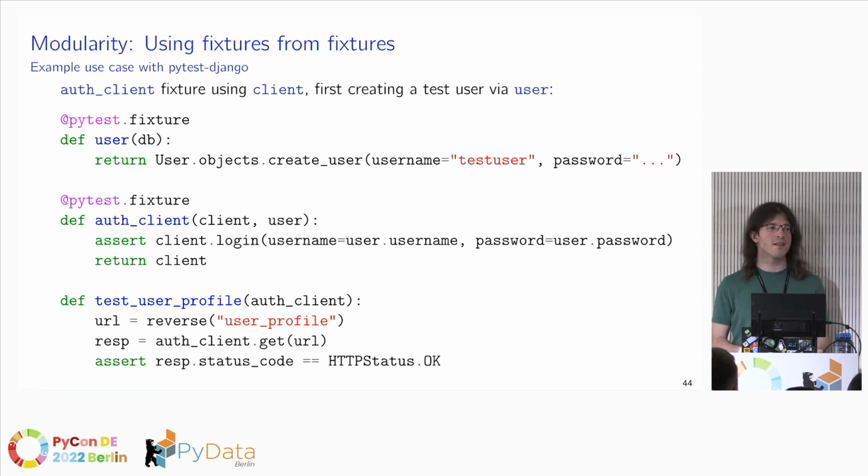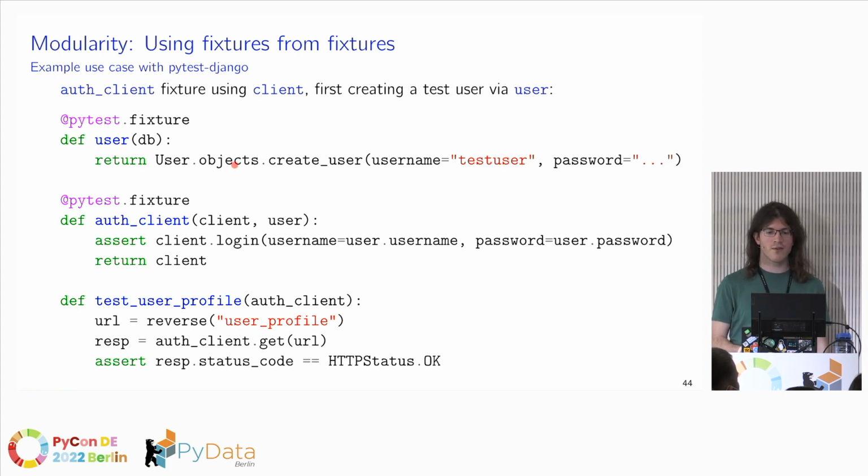But now we want to write some tests where we need to be authorized to access those sites. So we always need to create a user, then log in with that user's username and password, and then maybe also have an assertion here with login so that we can be sure that logging in actually worked, because it returns a Boolean.